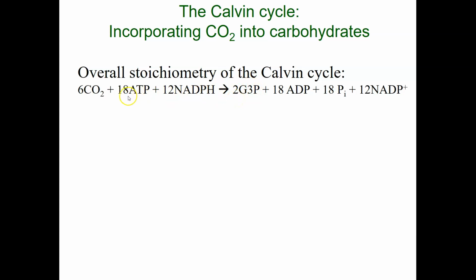As you can see, this is going to take a lot of energy, and that's going to come in the form of ATP. And we also are going to be getting our electrons from NADPH. It's important to note here that we are going to be utilizing more ATP than NADPH, and the thylakoids are able to compensate for those needs as we already previously described.